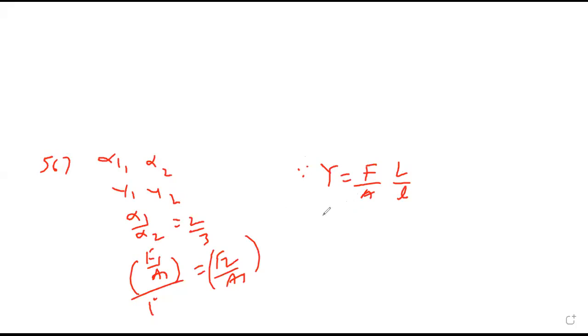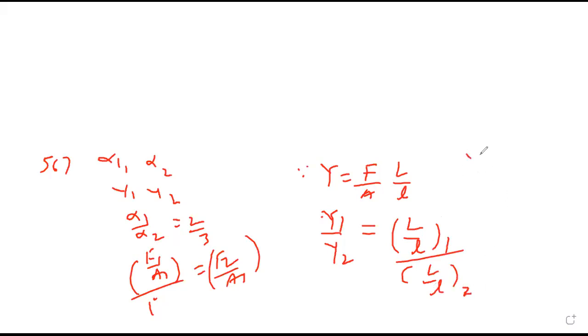Yes, sir. Stress, this is called stress. So in y1 upon y2, this will get cancelled. It will be l by L of the first, l by L of the second. Now l by L is nothing but alpha delta T. What is alpha?